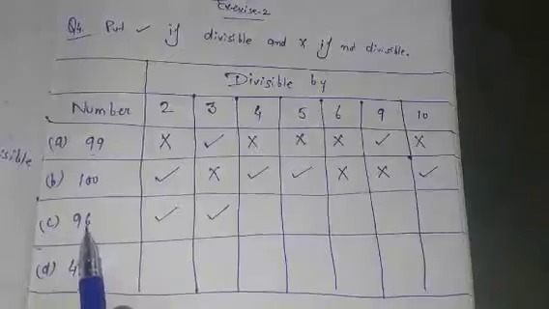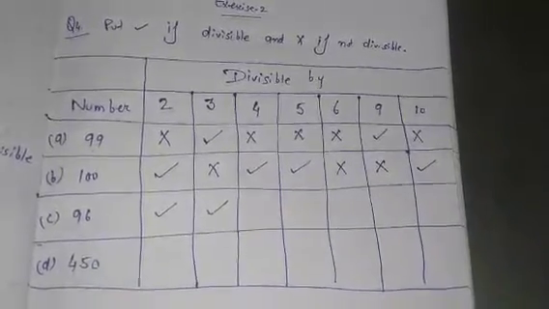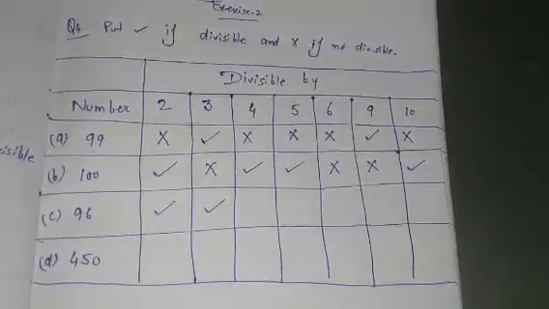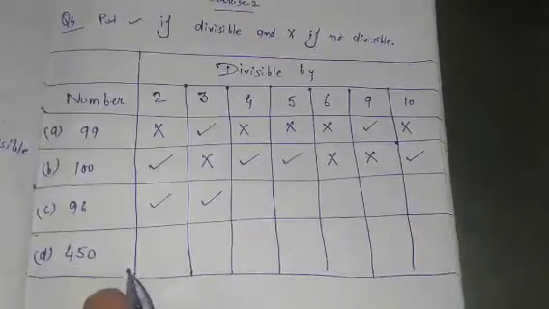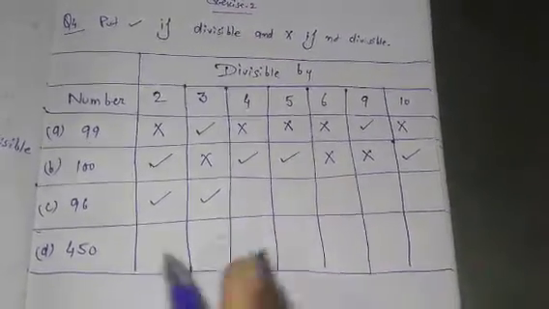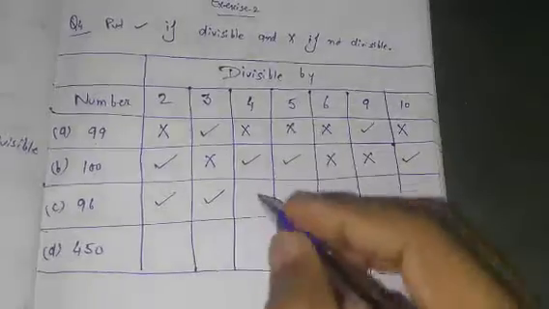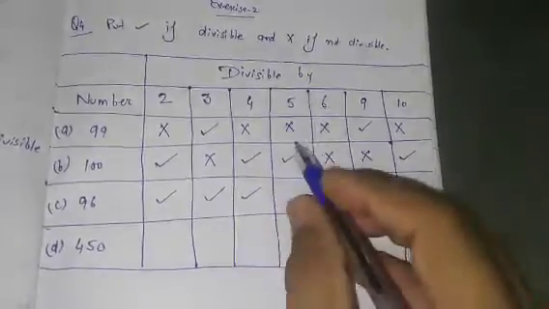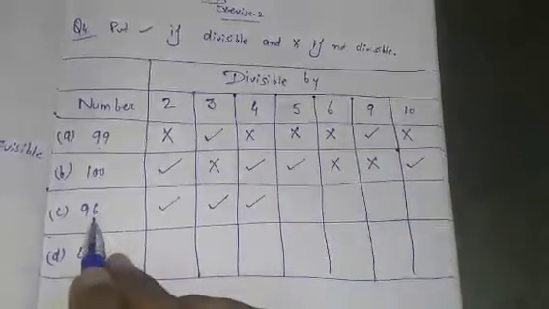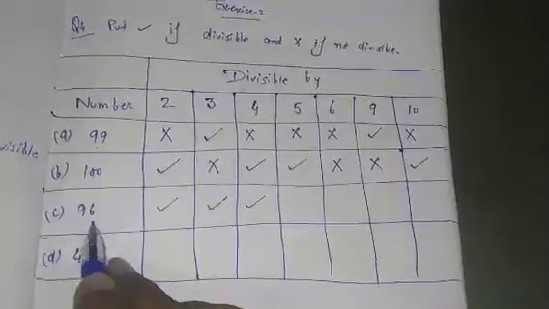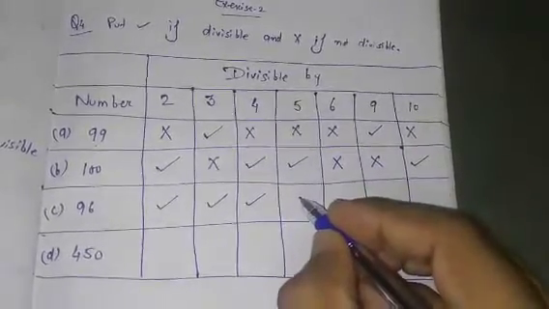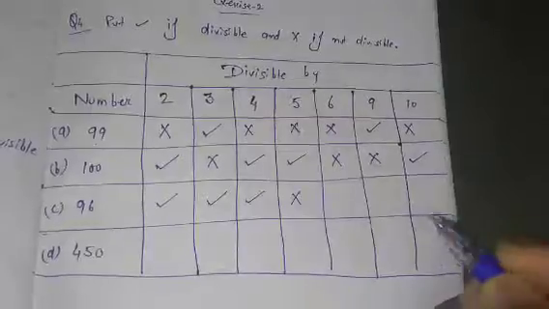If the last two digits are divisible by 4, then the number is divisible by 4. Here the last two digits are 96, so 96 will be divisible by 4. Okay, next 5. Here the ones digit is not 0 or 5, so it means 96 will not be divisible by 5. You will put the cross here.